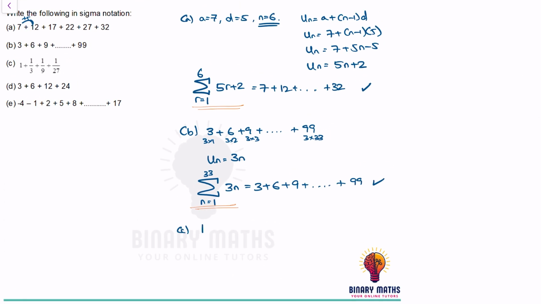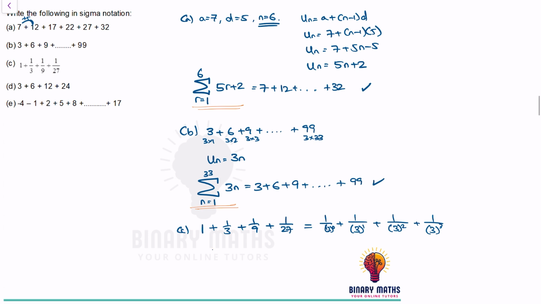Okay, so it's 1 plus a third plus a ninth plus 1 over 27. That is the same thing as 1 over 1 plus 1 over, so 1 over 1, which is 3 to the power of 0, plus 1 over 3 to the power of 1, plus 1 over 3 to the power of 2, plus 1 over 3 to the power of 3.